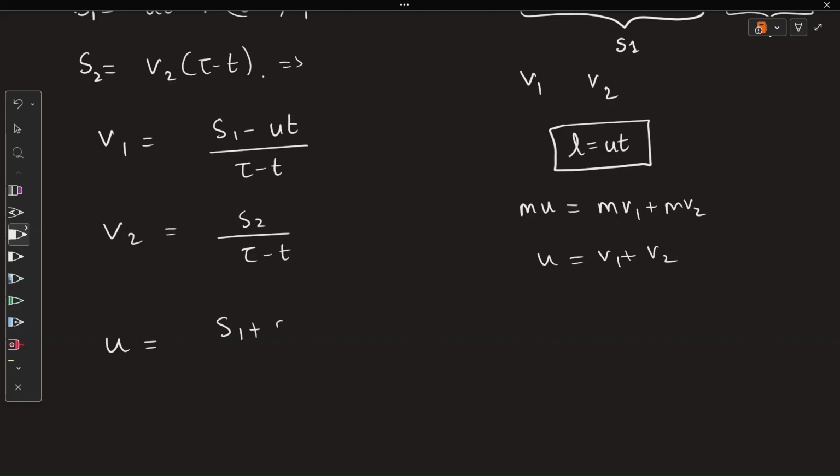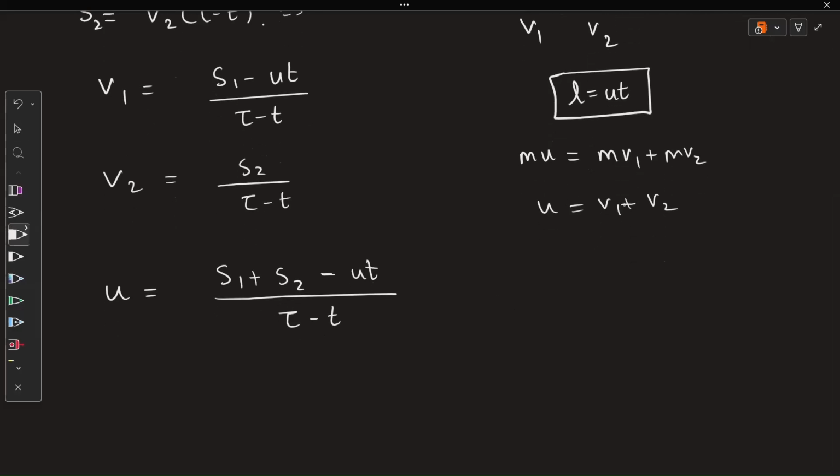Which is s1 plus s2 minus ut by tau minus t. So if you see, u into tau minus t is nothing but s1 plus s2 minus ut, and L is equal to ut, which gives you t is nothing but L by u.